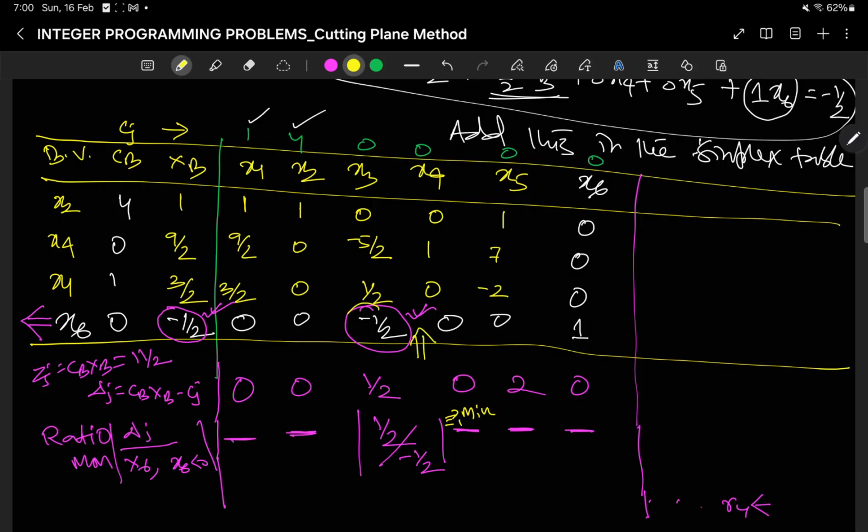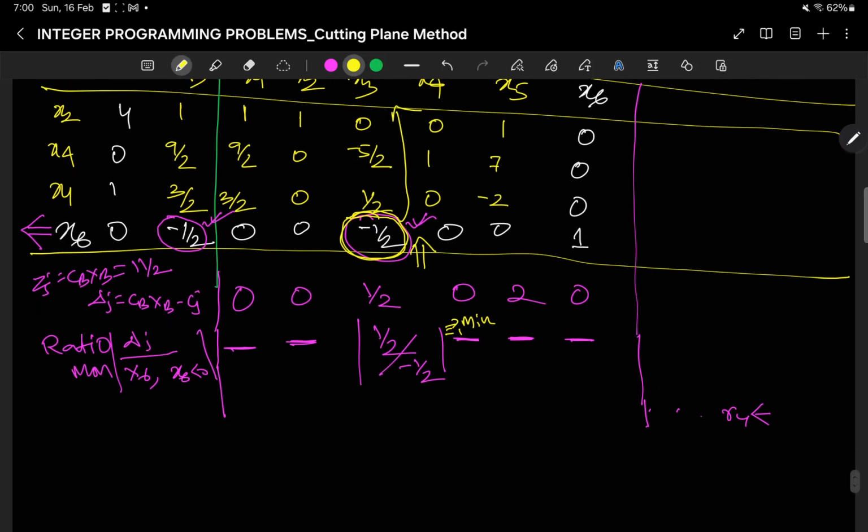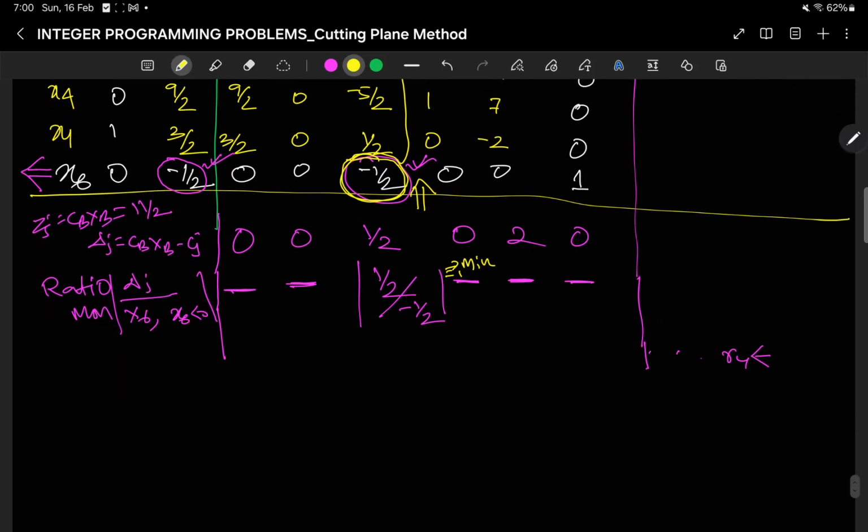Now this is the pivot position, so we need to make it 1 and make the others 0. To make it 1 we multiply by minus 2, so r4 is replaced by minus 2 times r4.